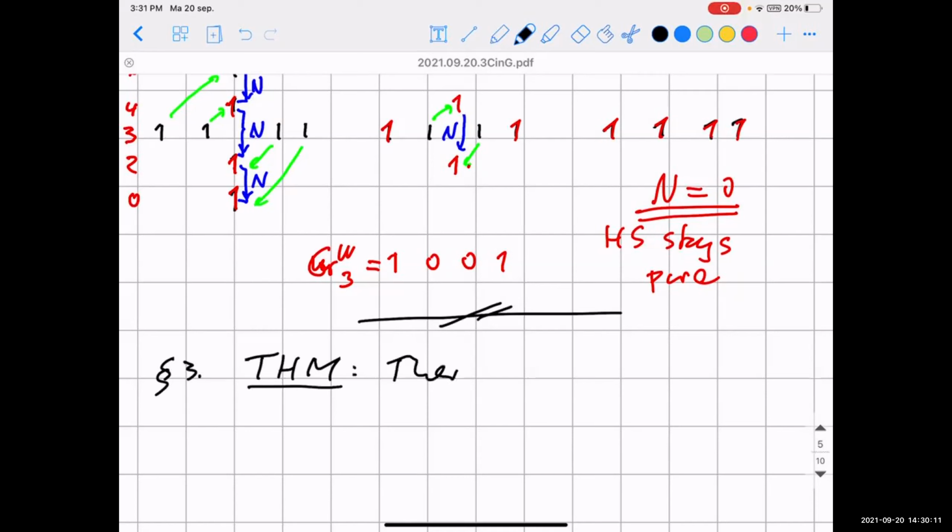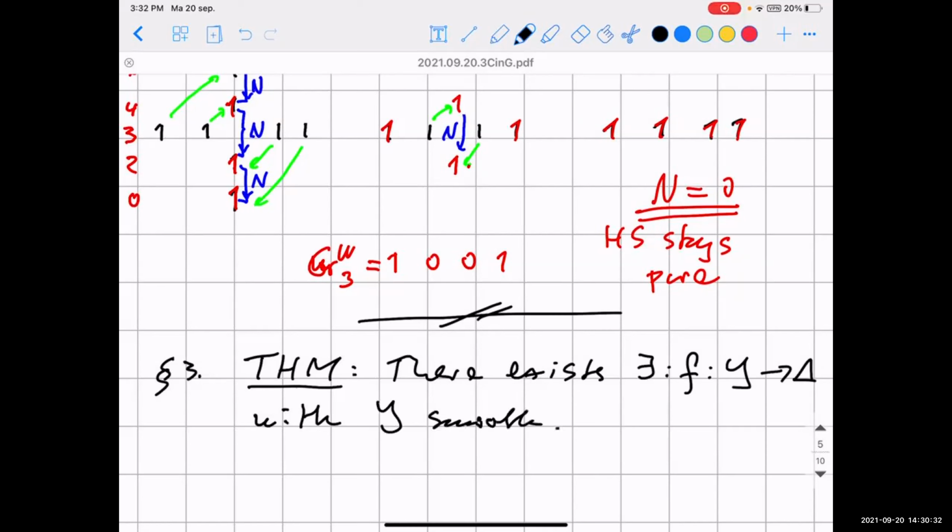There exists a family of degeneration with Y smooth. The dimension is 4, and fibers Calabi-Yau. Okay, so this is a projective map.